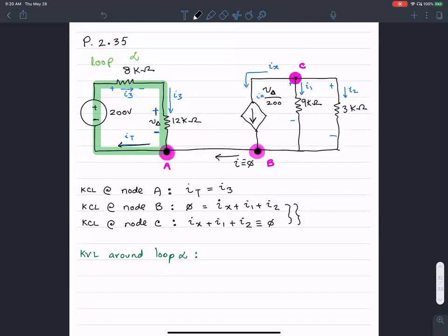So would it be negative 200, and then 8 I3 plus 8 kilo times I3 plus 12k I3, and that will equal 0.